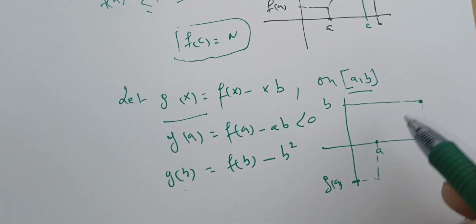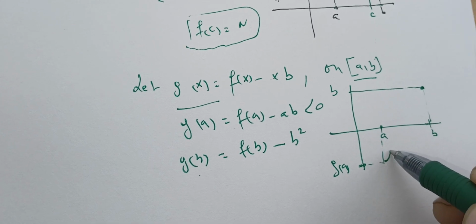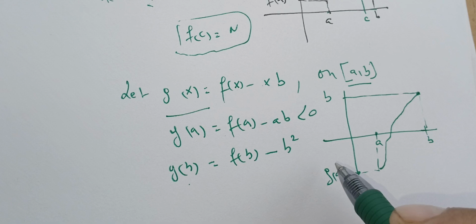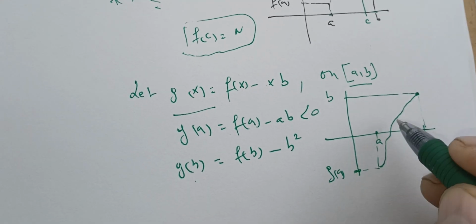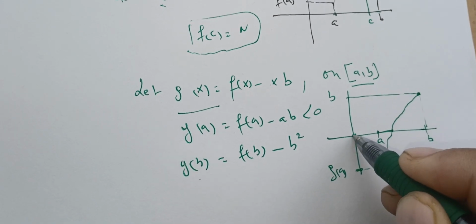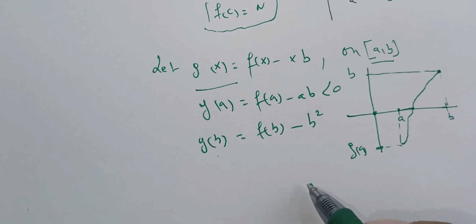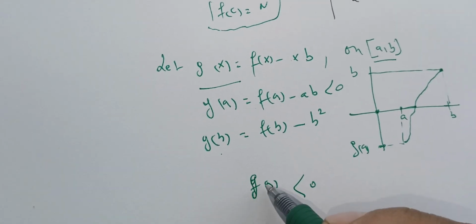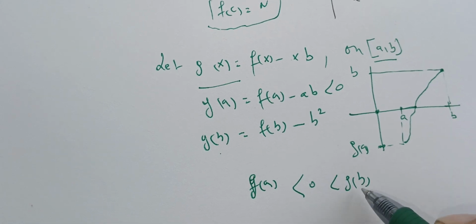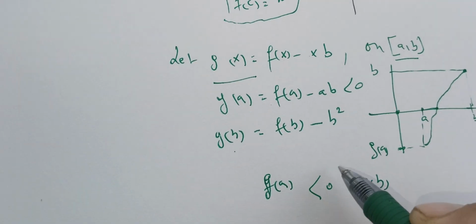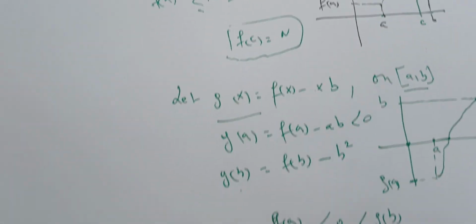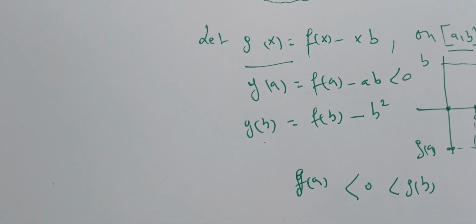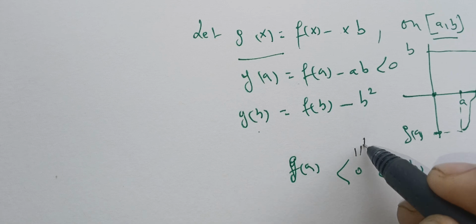So therefore we can see that since g is continuous, there is some n. So here 0 is between g(a) and g(b). So 0 is my n here. Let me use another color. So 0 is going to be our n.